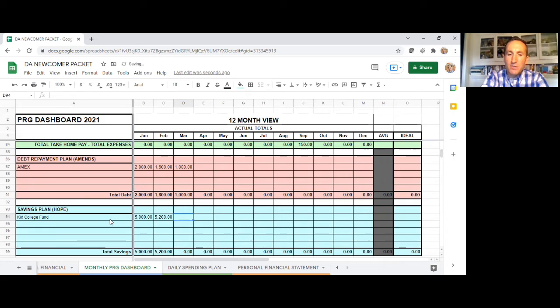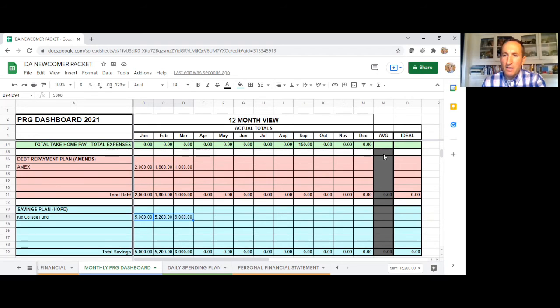The next month we put $800 in there, we're going to have $6,000. So the neat part is we're putting the balance of the debt or the balance of that savings account in these cells. And it's neat to watch that number get smaller in the debt repayment plan and watch the savings plan number get larger, okay?